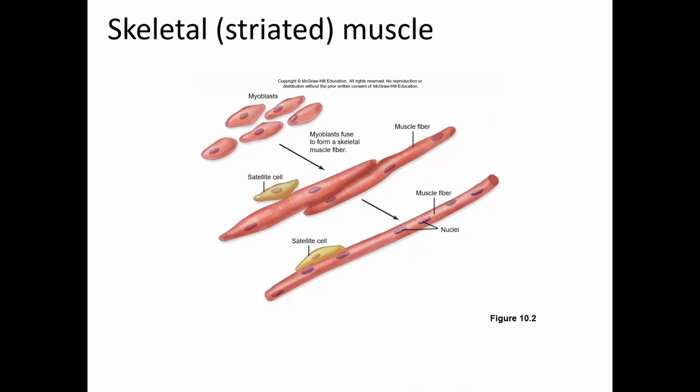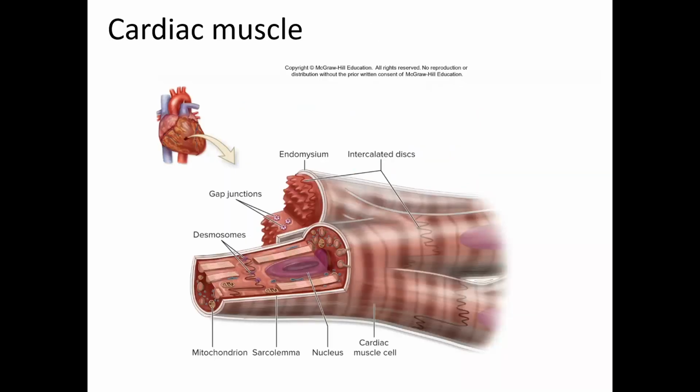Okay, and then we're going to go on to cardiac muscle. Cardiac muscle, the muscle of the heart, also has that striated pattern like we saw in the skeletal muscle. The big differences are that this is under involuntary control, unlike the skeletal muscle, which was under voluntary control, and it has these intercalated discs, which connect one cardiomyocyte to another cardiomyocyte.